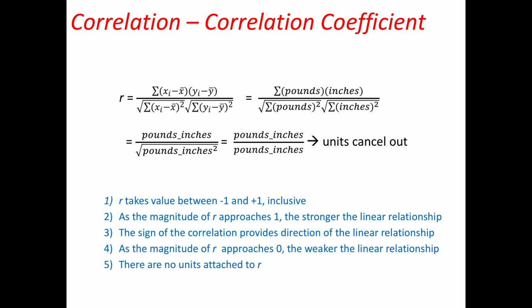The sign of the correlation provides the direction of the linear relationship, meaning whether it's positive or negative. As the magnitude of r, little r, approaches 0, the weaker the linear relationship is. And, as a reminder, there are no units attached to little r, as they're canceled out by the given equation as worked out at the top of the slide.